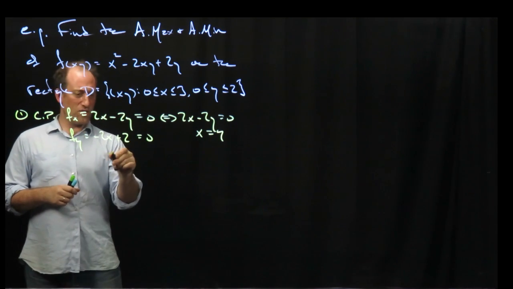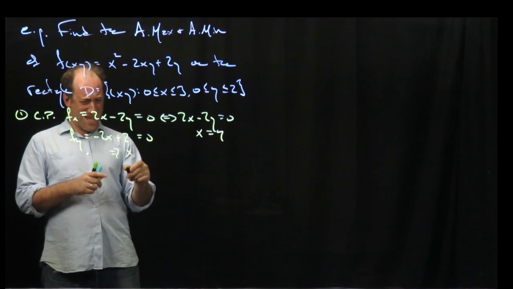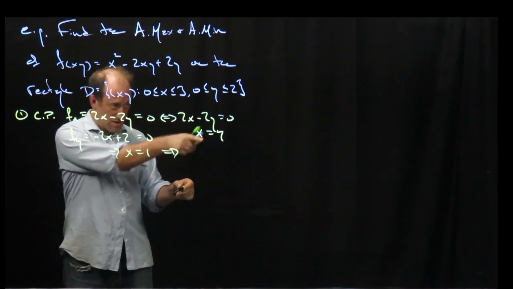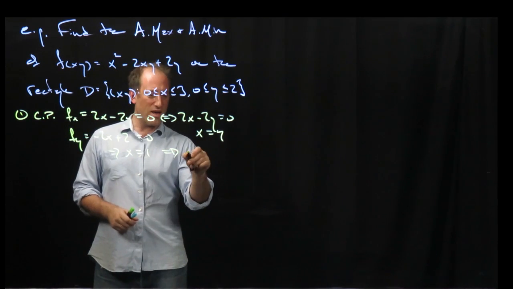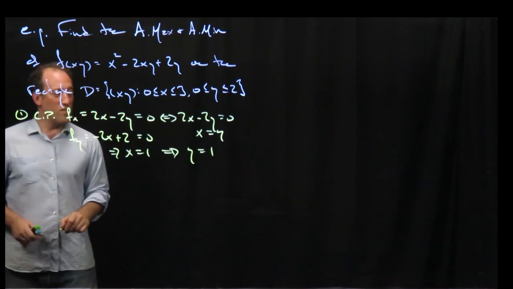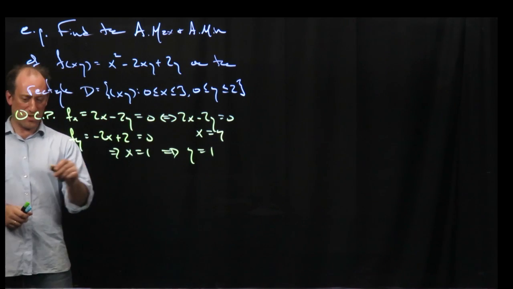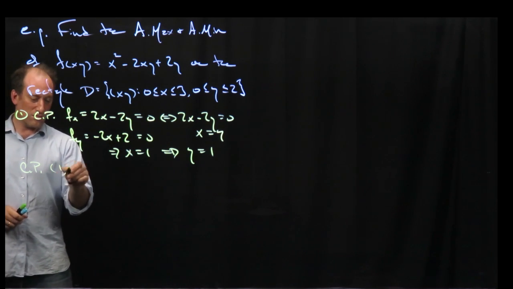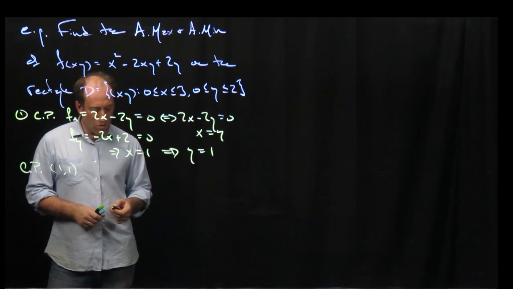This is 0 precisely when x is 1, which implies, since x equals y, that y must also be 1. So I've got a critical point, nice and pretty, (1, 1).